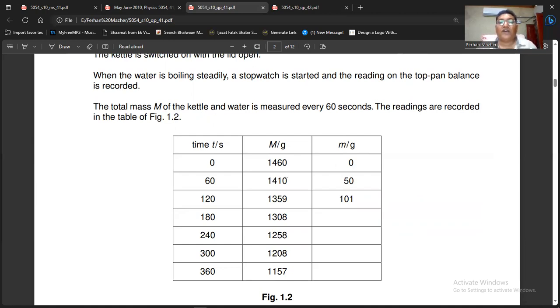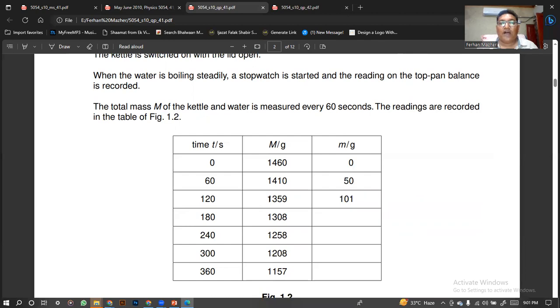Then we have 1410 gram, and from 1460 minus this thing, you will get 50. 1359 is the mass at 120 seconds. And from 1460 gram, subtract this mass, you will get 101 gram, which means the mass which has converted into the steam, or the mass of the water which has been lost.